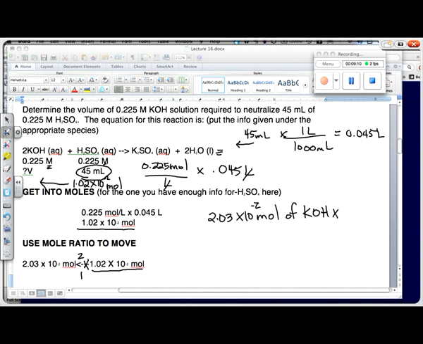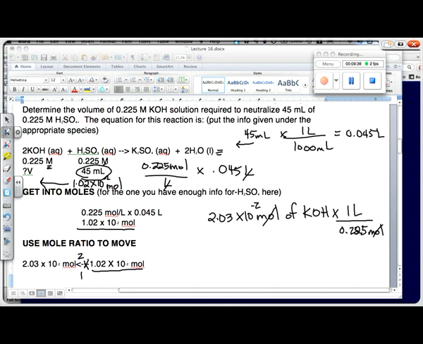And if I want to know volume, I'm going to rewrite that molarity, rewrite the big M, but I'm going to flip it over because I need liters and I need those moles to be canceled. So 1 liter has 0.225 moles. Okay, so the moles cancel. So I'm taking these moles and dividing by 0.225 to get the final answer.